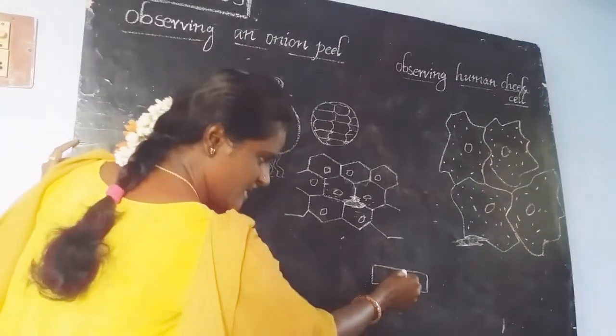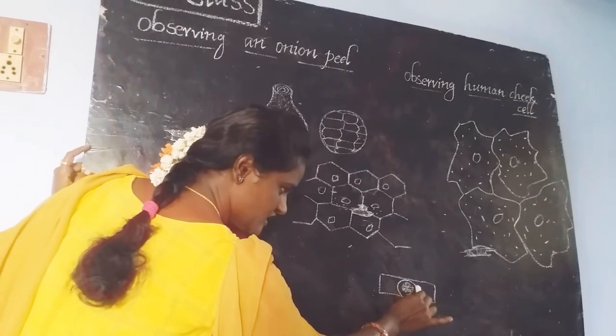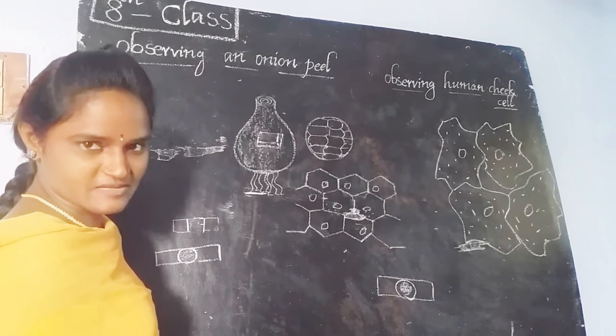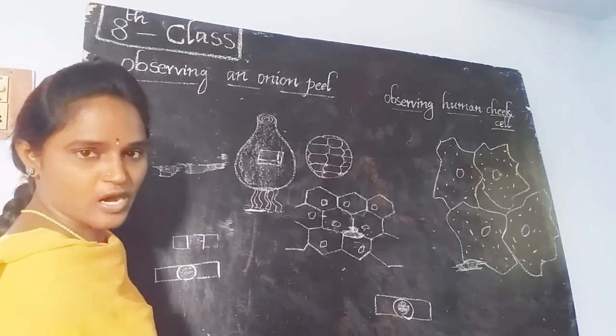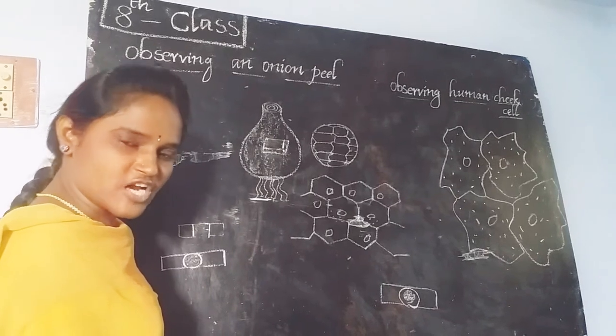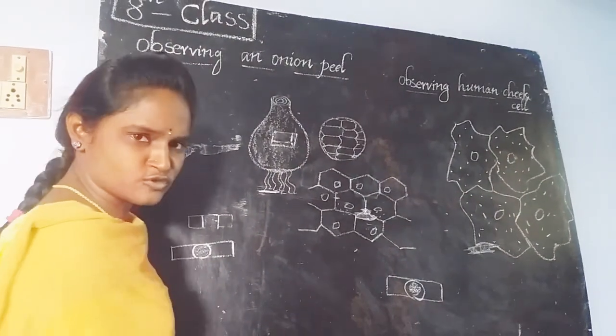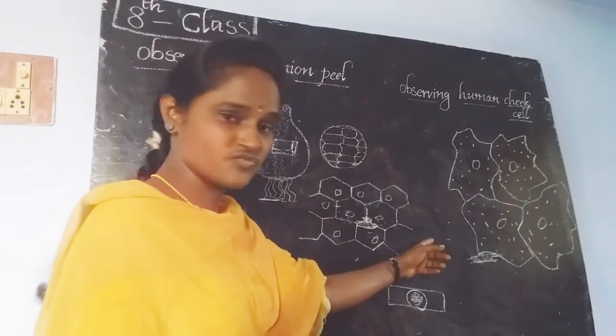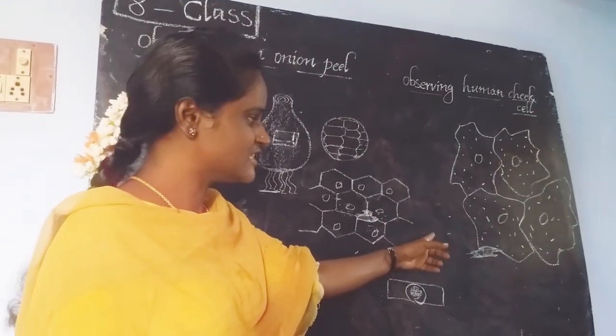After that, place a cover slip on this material. Then we need to observe this slide under a microscope. After observing under the microscope, we find the vision like this. We find the cheek cells in this manner.